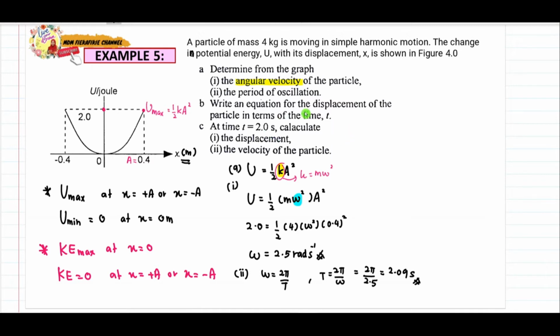Alright. So, now let's proceed to question B. Write an equation for the displacement of the particle in terms of the time t. Okay, so always remember that general equation of displacement in your syllabus in terms of sine. Okay, so this is the general equation. If the question asks you to write an equation without giving any condition, unlike example number 4 before this where we had a condition, that is why the general equation of the displacement was cos.